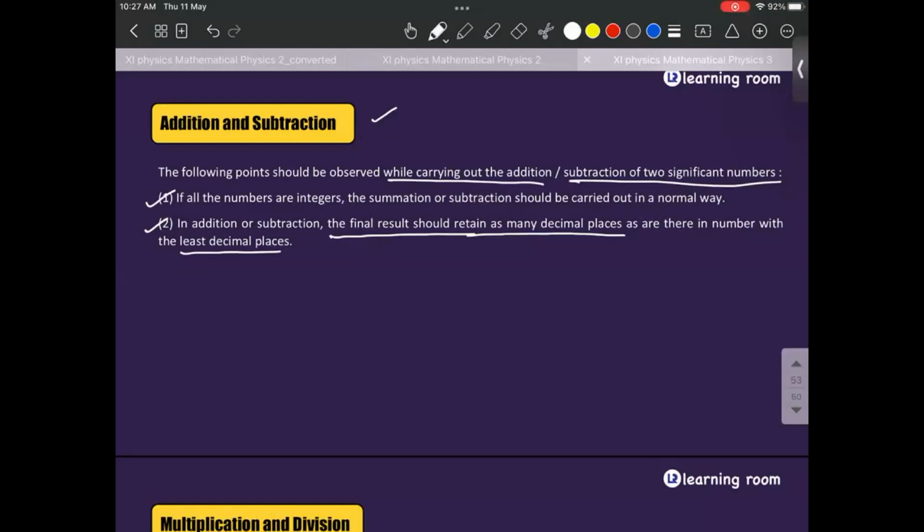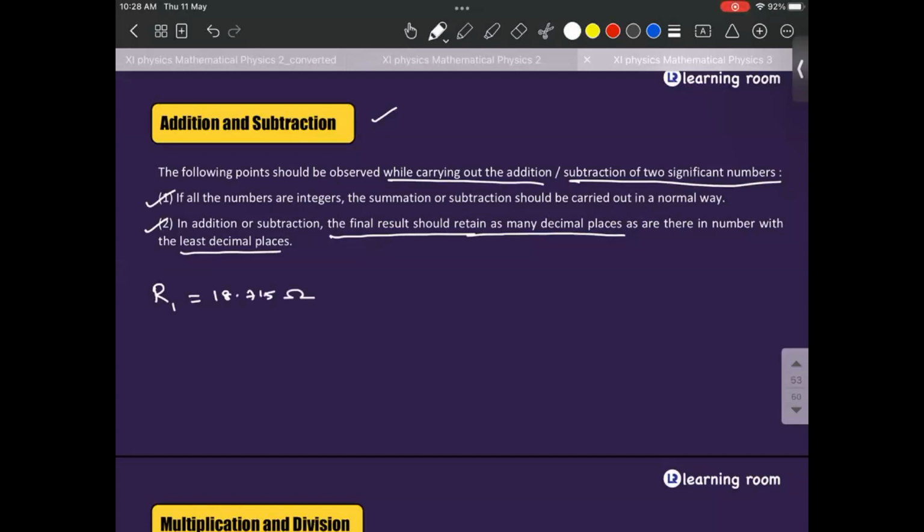For example, I have an experiment where I ask you to measure the resistance of a particular device. You are obviously going to report the answer to me based on the kind of measuring device you have in your hand. Let's say the first reading is coming out to be 18.715.